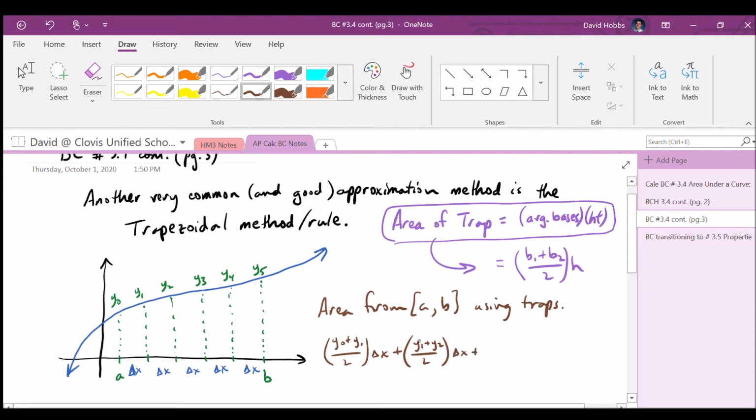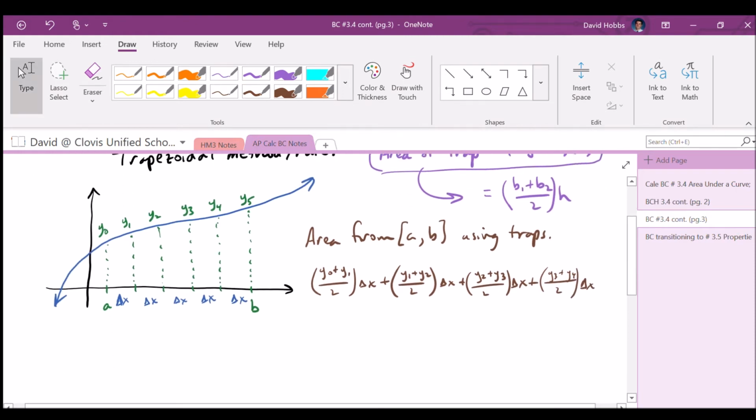And the next one is y sub 2 plus y sub 3 divided by 2 times delta x, plus the next one is y sub 3 plus y sub 4 divided by 2 times delta x, and I'm running out of space, plus y sub 4 plus y sub 5 divided by 2 times delta x.